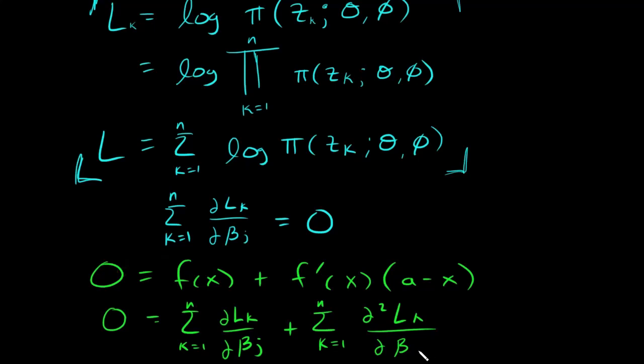Beta i, beta j. Then I would have, instead of writing a minus x, basically that's our change in the value that we're plugging in. So another way of thinking about this is like change in x, right? So sometimes you'll see this written as delta x.